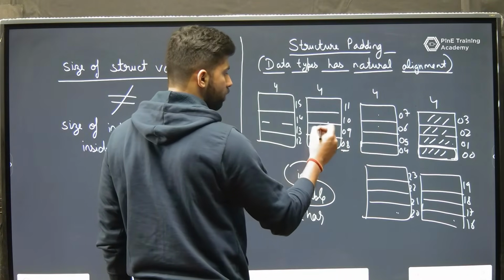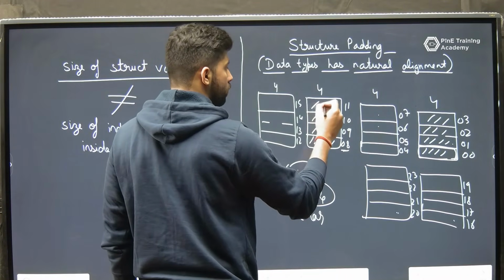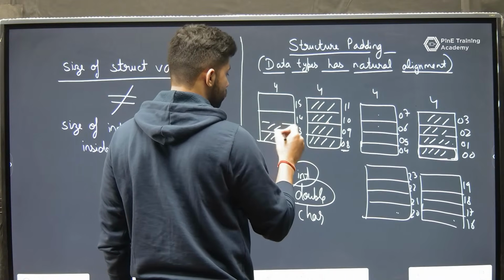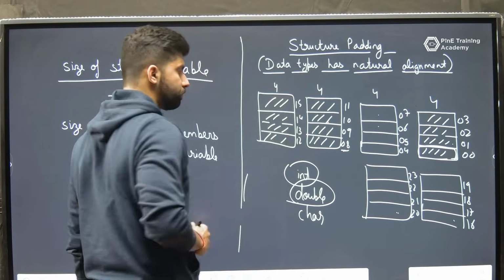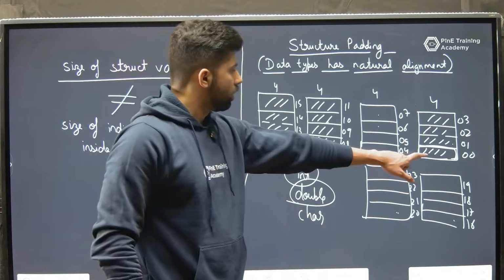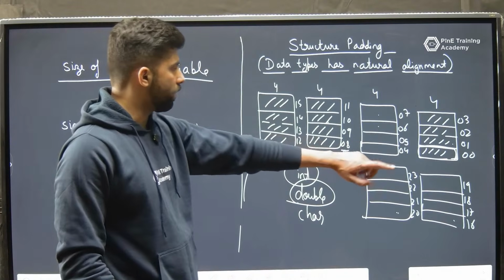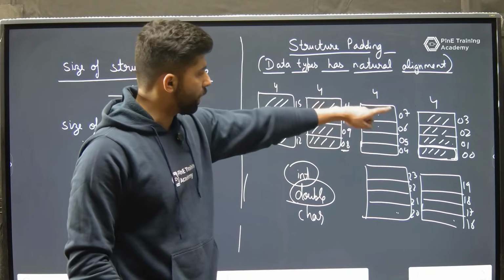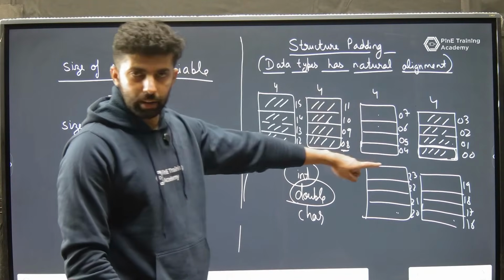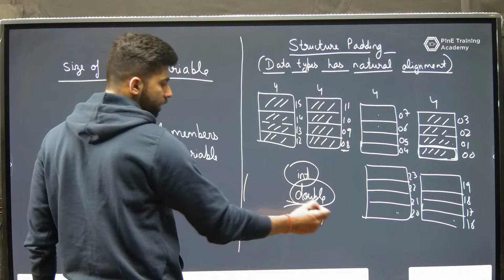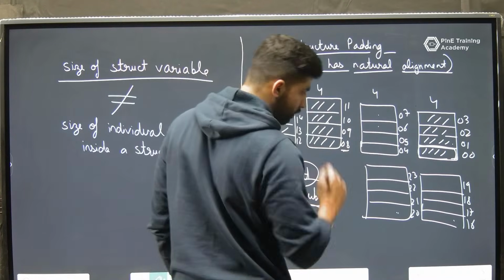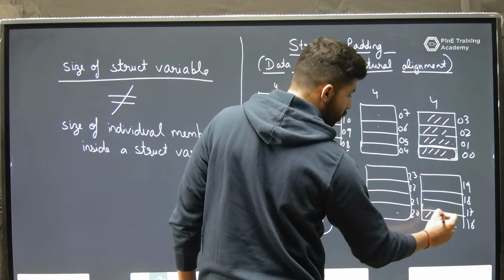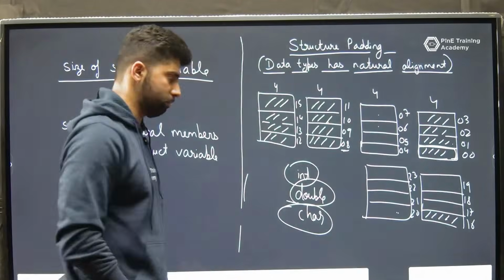We can store double at this particular position. Okay, we have left 4 bytes of padding here. This particular space will be padding. We are left with char. So char will be stored at this position.